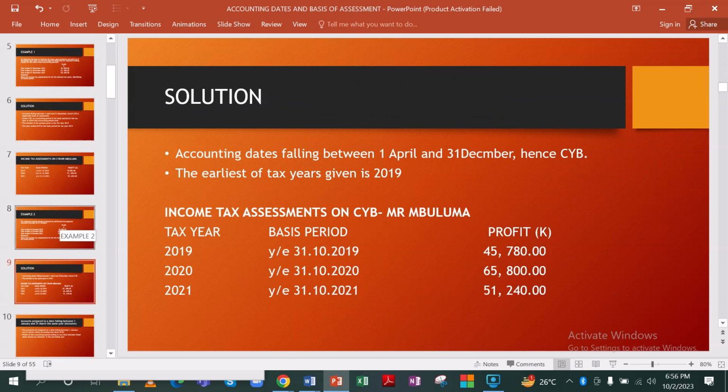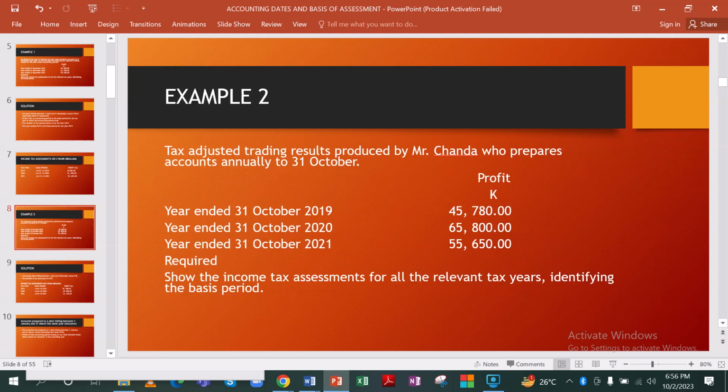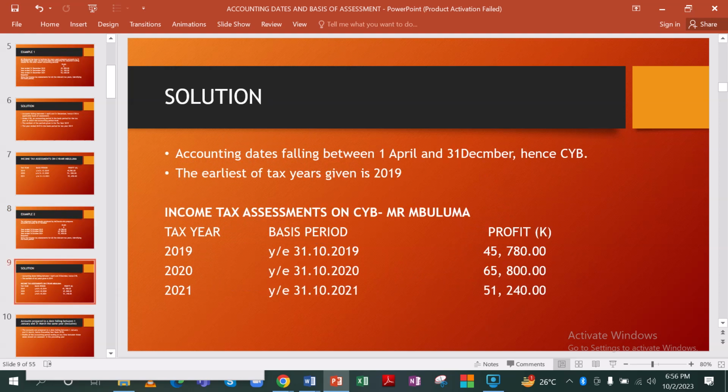So when you look at this example 2, the first period to deal with is year end 31st October 2019. That's the first one. Then followed by that, the one which ends 31st October 2020, in a similar manner to what we have just looked at. So you have tax year 2019, with a year end of 31st October 2019.